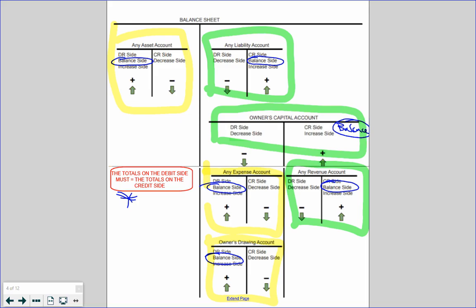So by putting two colors to it, maybe you can start seeing the debit versus the credit or the plus versus the minus. Again, my goal with you in this course is not to get you to memorize this. There are no tests in this course. I just want you to understand what you're doing. Okay? We're not talking about memorization here.